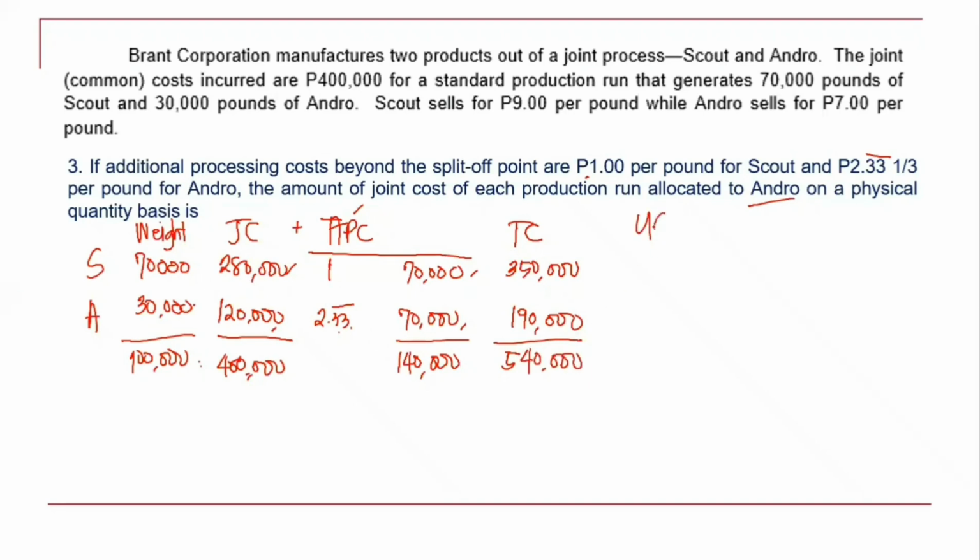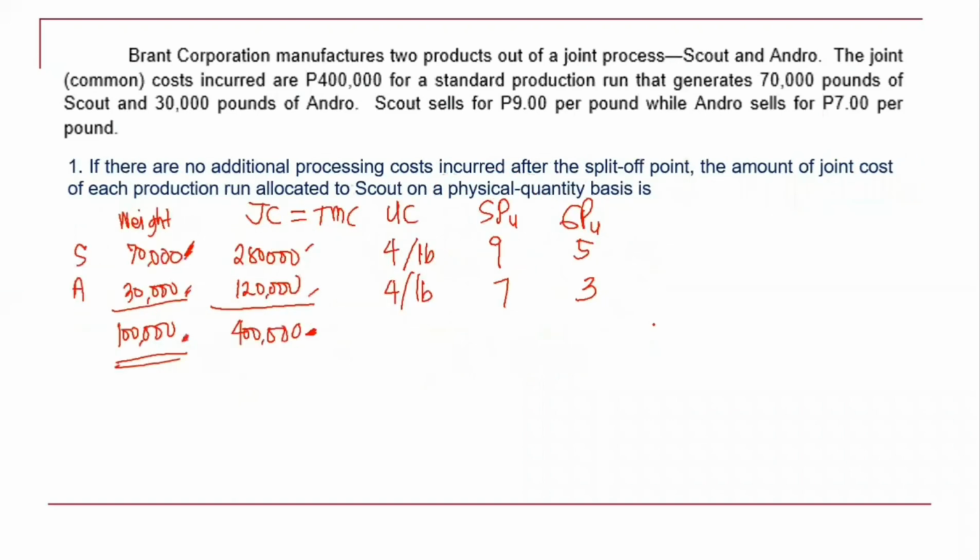Tinatanong ang unit cost. So ang gagawin lang, 350 divided by 70, that is magkano po? 5 pesos per pound. Magkano yung unit cost ni Andro? 190 divided by 30. That is 6.33. Yan yung unit cost. Doon lang nagkaiba yung question number 1. Balikan na lang natin. Question number 1.